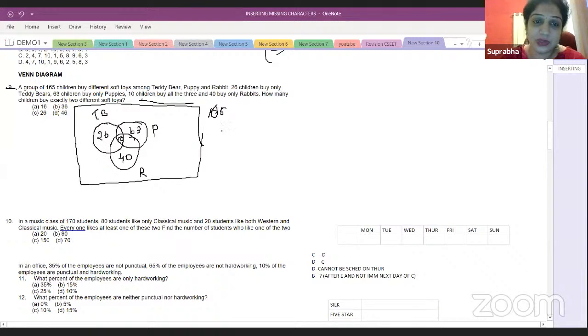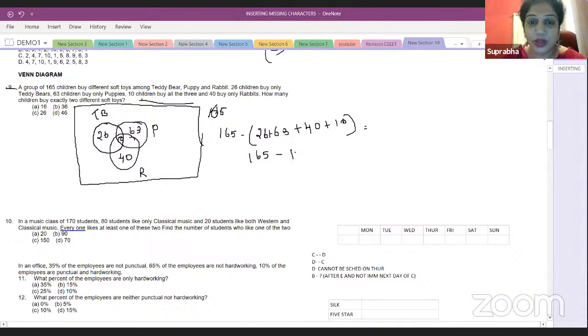Total strength is 165. Yes, in this 165, you can deduce all the numbers which you have got. That is 26 plus 63 plus 40 plus 10. So this will be equal to, I think, 165 minus how much is 26, 63, 40 and 10?